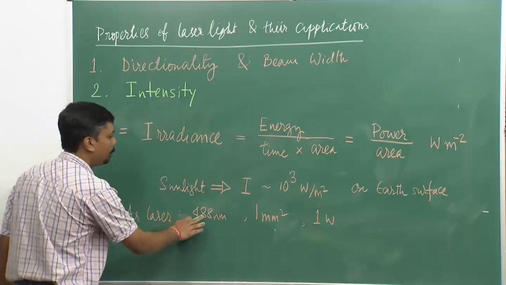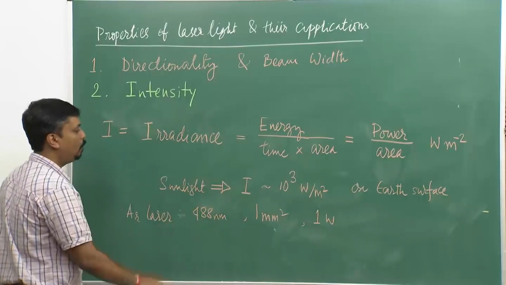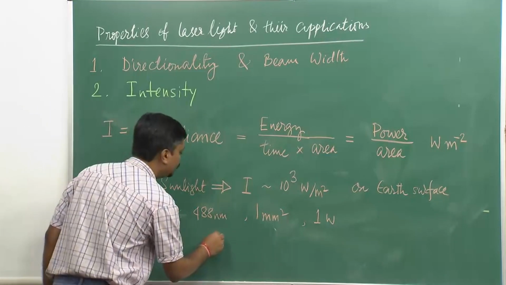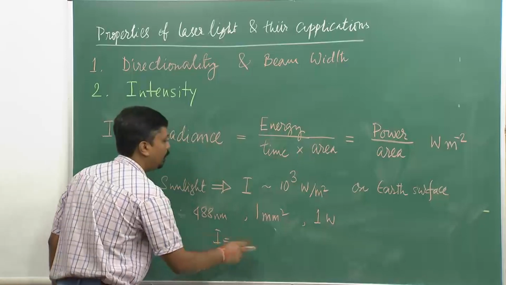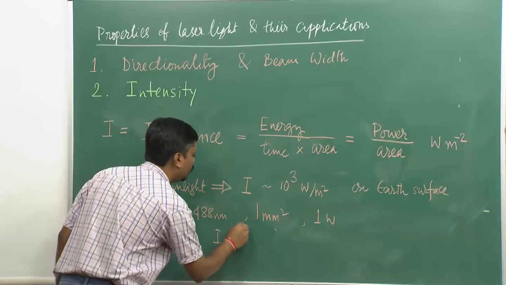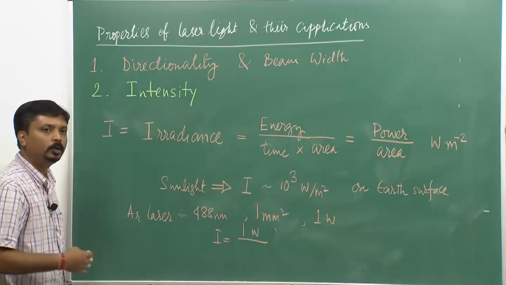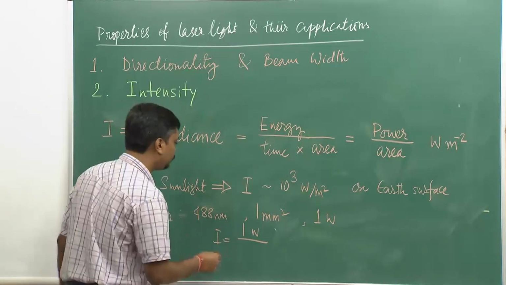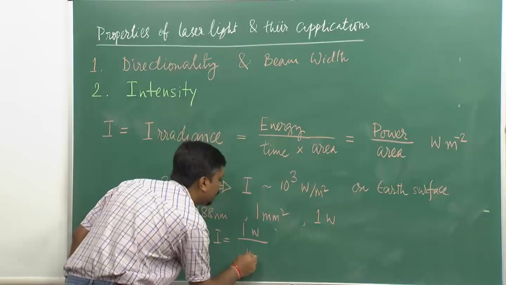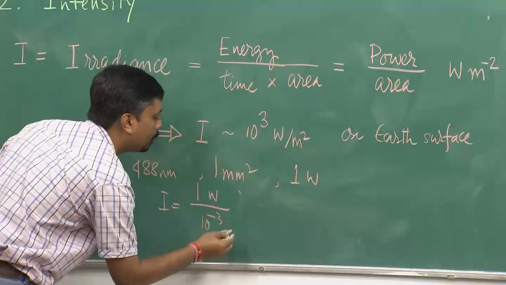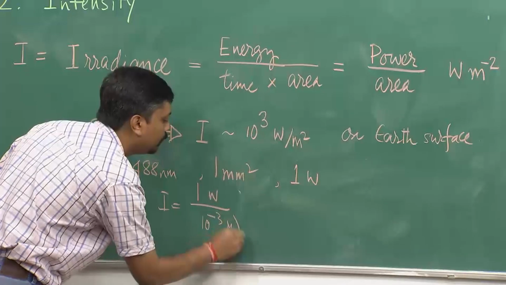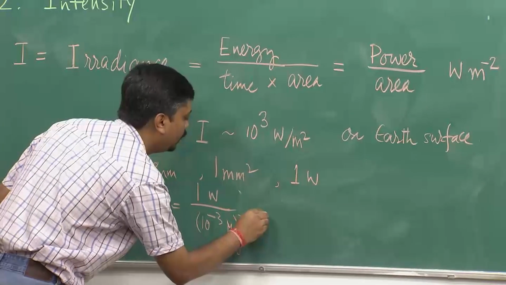Now for this system, what will be the irradiance? Irradiance will be power divided by area, right. So, 1 watt by 1 millimeter square. 1 millimeter is equal to 10 power minus 3 meter, so squared.